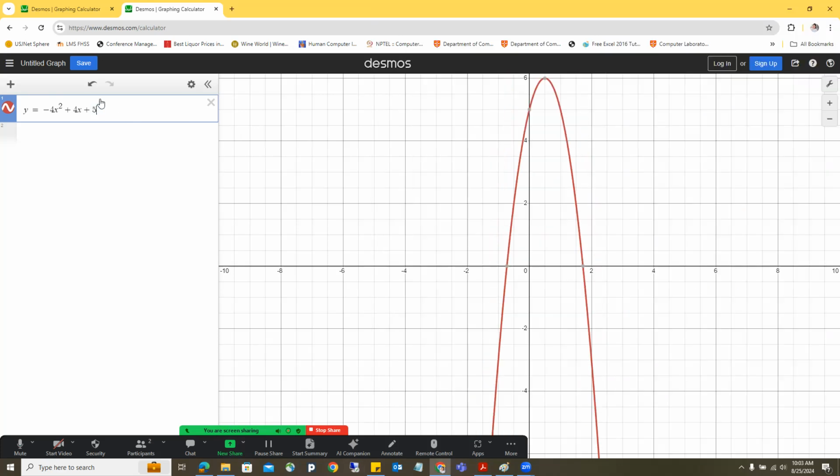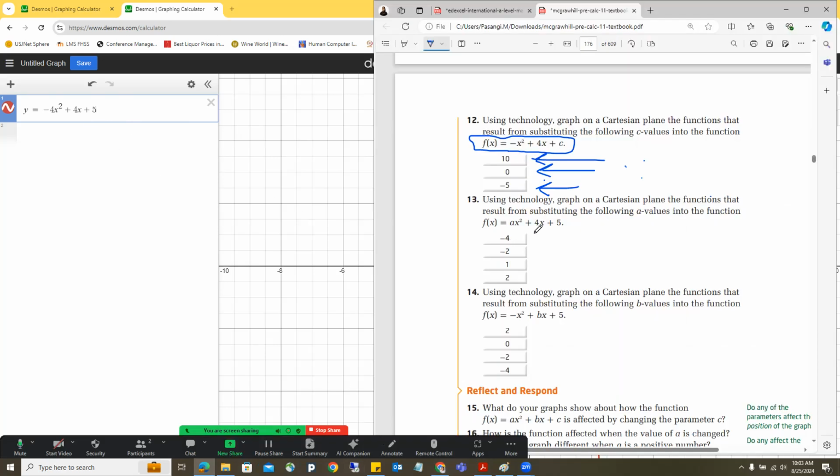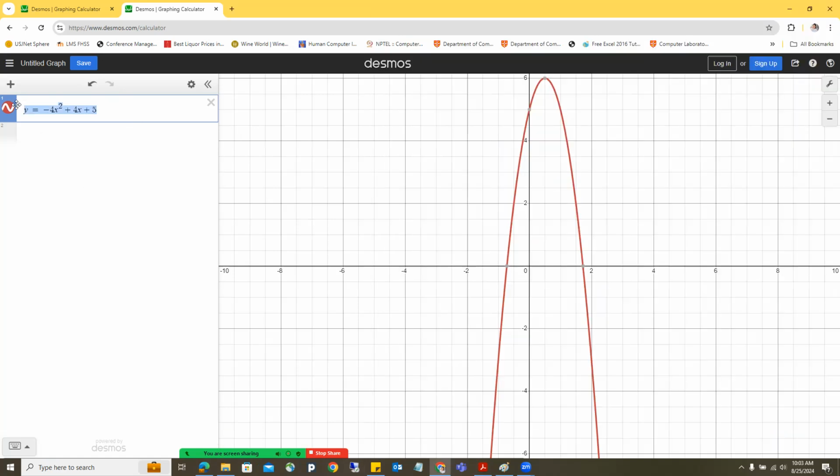This is the first function they have given us. Then the second function is the one with minus 2x.